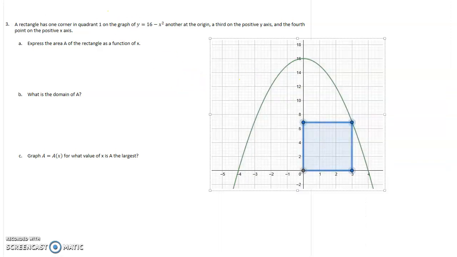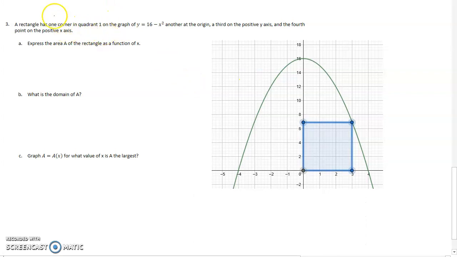And now let's try to make sense of what that said. It says a rectangle has one corner in quadrant 1 on the graph of 16 minus x squared. That is this point right here. All we know is that point has an x value and then a y value somewhere on there. I also want to point out that this is the graph of y is equal to 16 minus x squared.